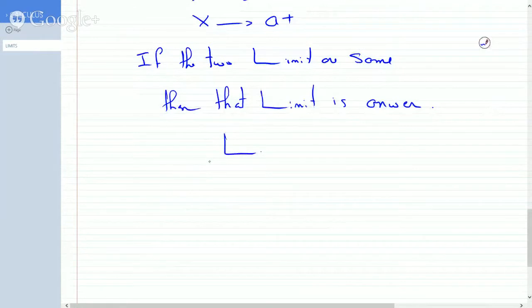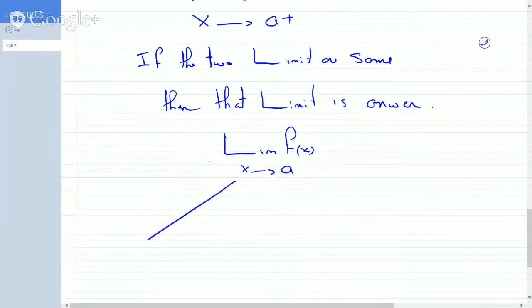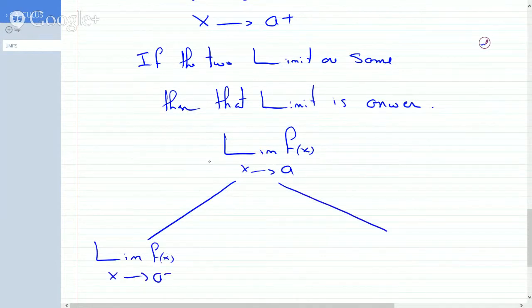So let's say you are taking the limit of f of x as x goes to a, and you're using this strategy. You take the limit of f of x as x goes to a minus, and then you take the limit of f of x as x goes to a plus.